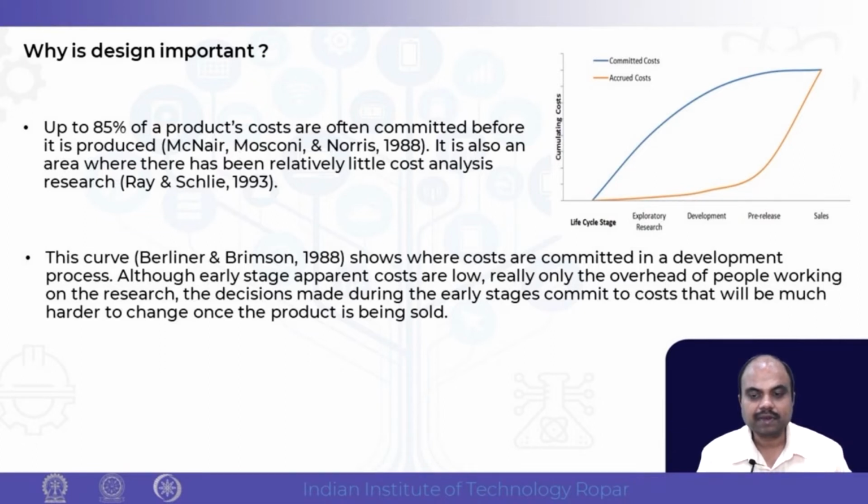It is also an area where it has been relatively low-cost analysis research. If you see in this chart, during the initial stage of the product, the actual cost which is committed is very less. But what are we planning for? We are planning not only for designing but for manufacturing the product, packaging, and the supply chain.